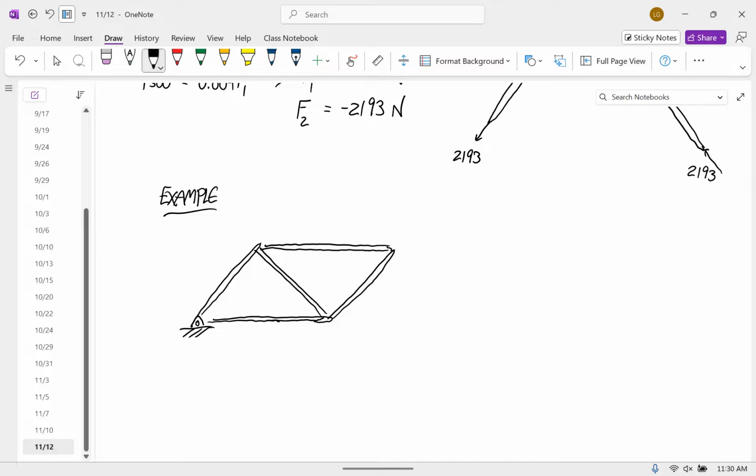And all of these are pin joints. And there's a roller here. Let's say that there is a 500 Newton force here and an 800 Newton force here. And all the lengths are 1 meter. We're going to neglect the weights. And we want to calculate the external loads on each member.